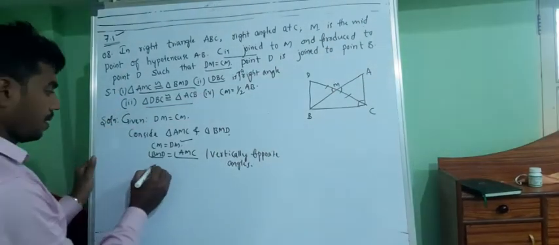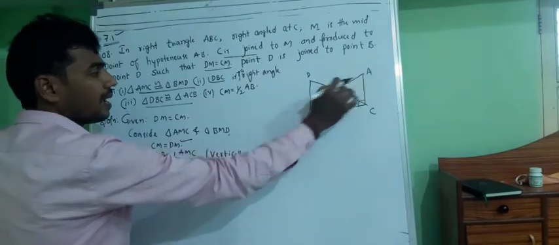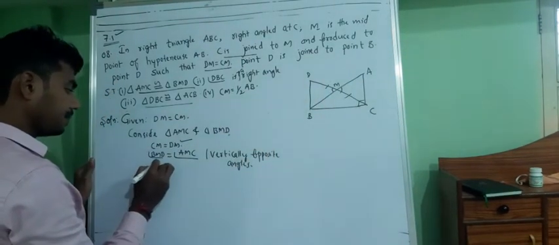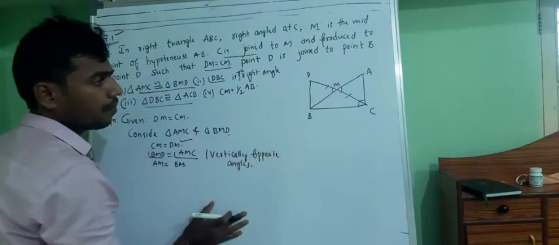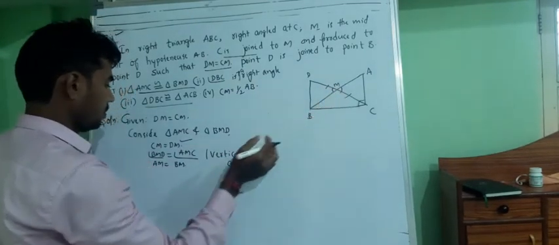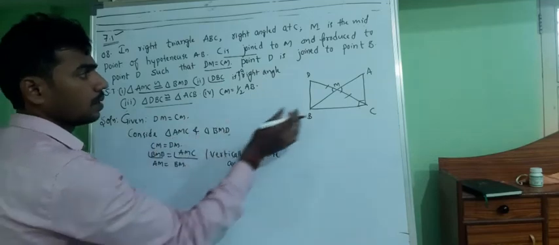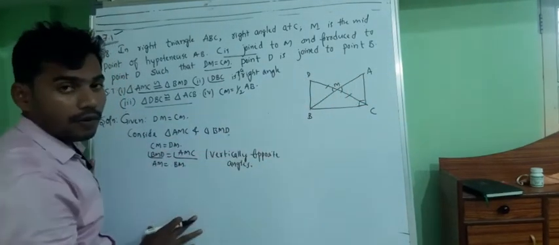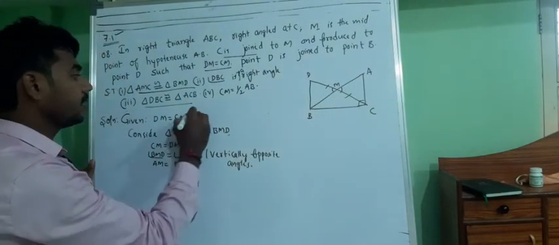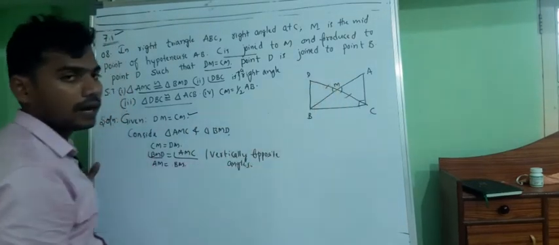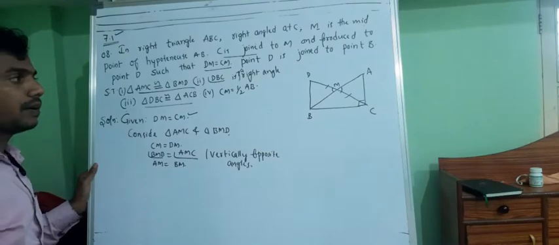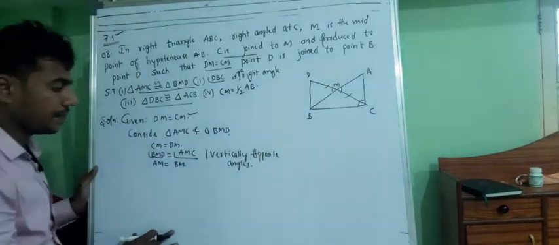So can I write AM is equal to BM? Why? Because M is the midpoint of AB, and clearly they have given CM is equal to DM, but indirectly they have given M is the midpoint of AB. If M is the midpoint of AB, then AM is equal to BM.